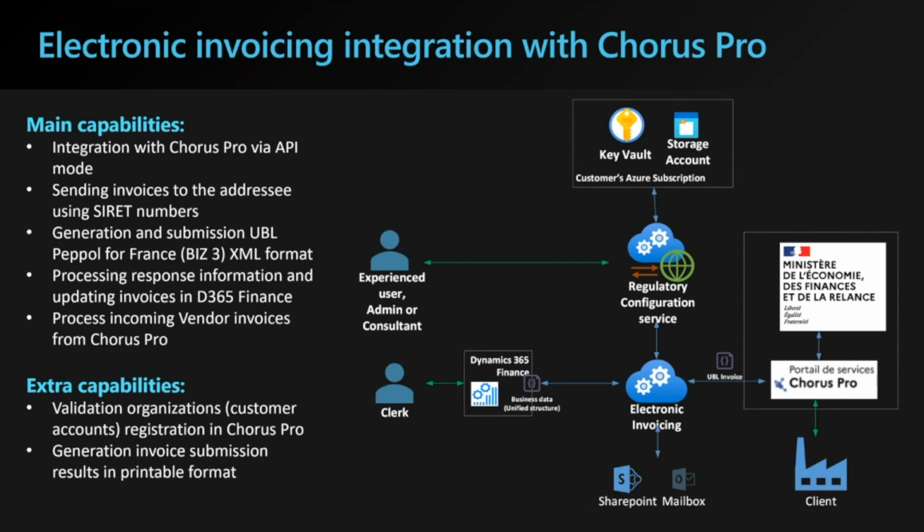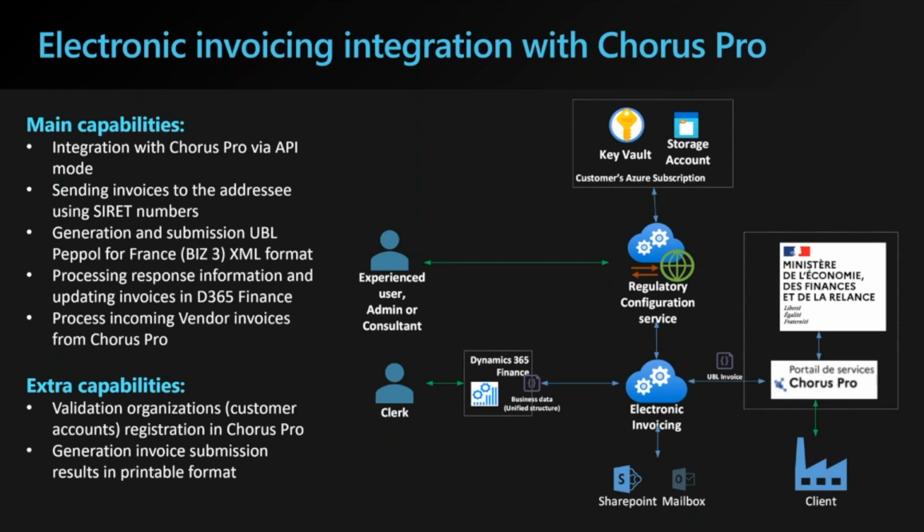Then in the regulatory configuration service, you will be able to refer to this key vault to be sure that electronic invoicing has access to Chorus Pro.